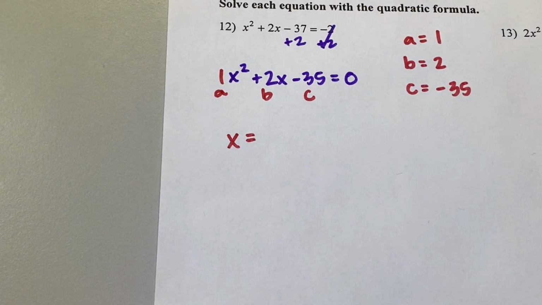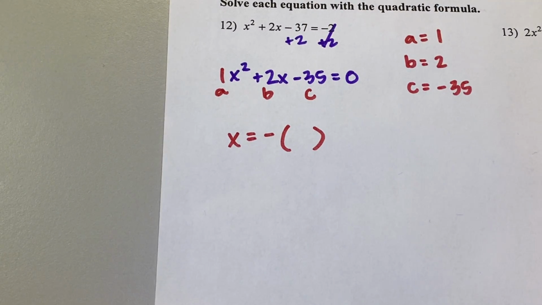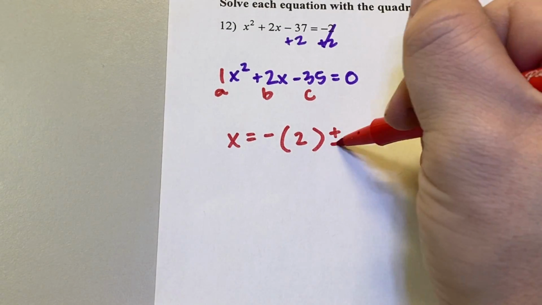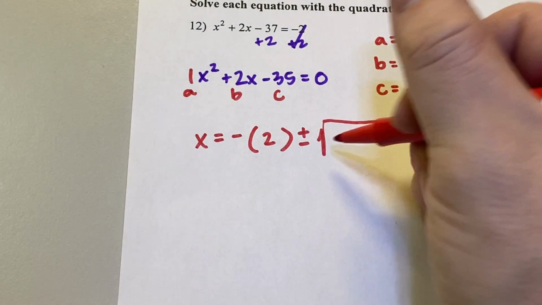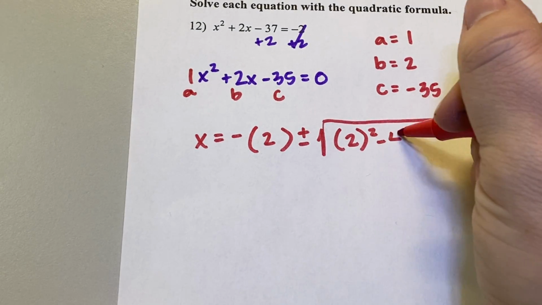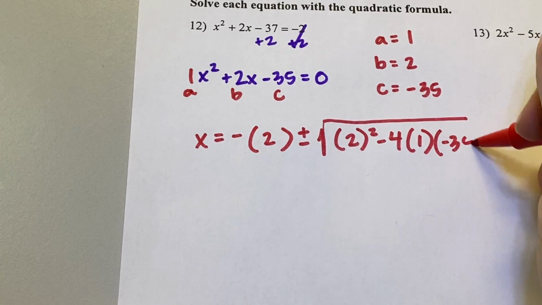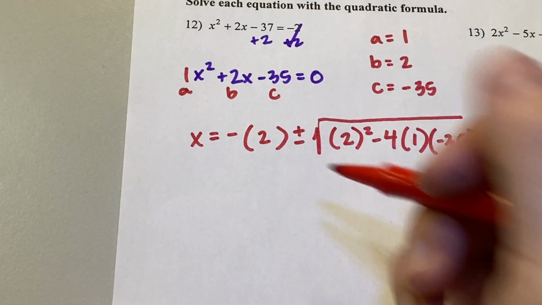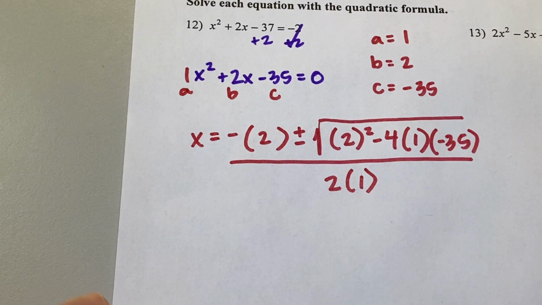X is equal to negative B, so -2, because my B was 2, plus or minus the square root of B squared, so 2 squared, minus 4 times A, my A is 1, times C, -35. And it's all being divided by 2 times A, which is 1.